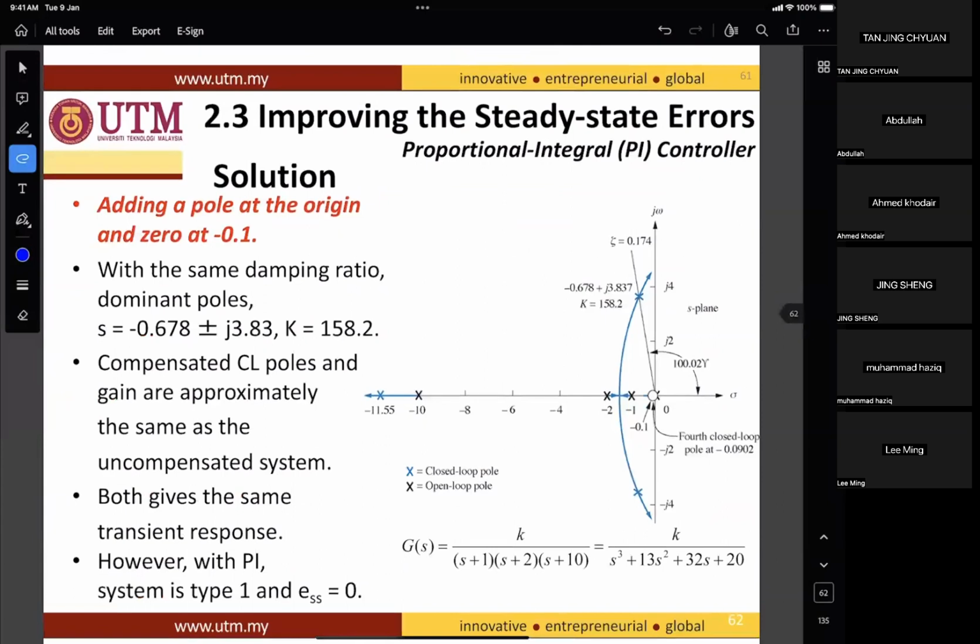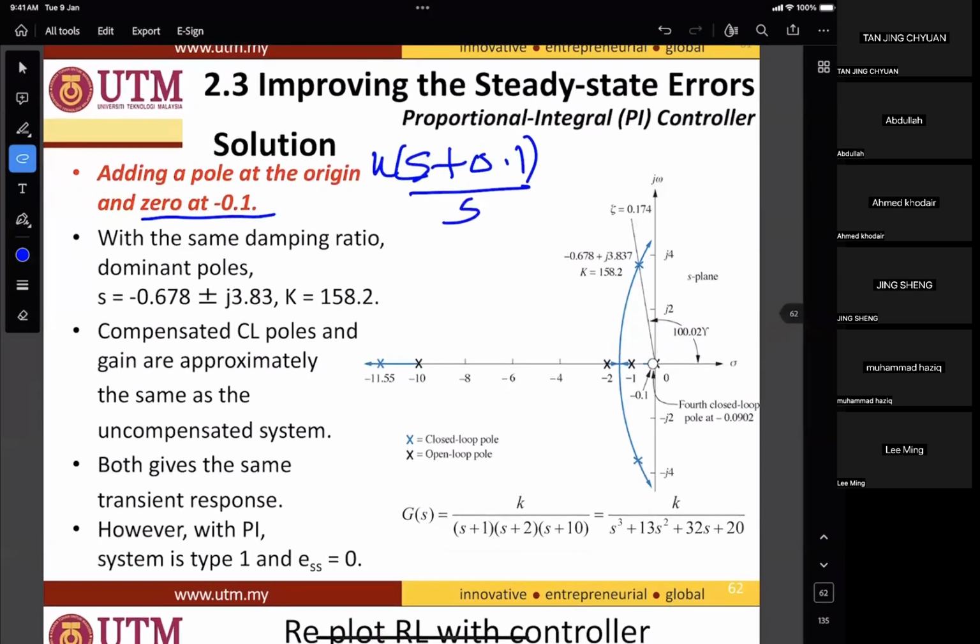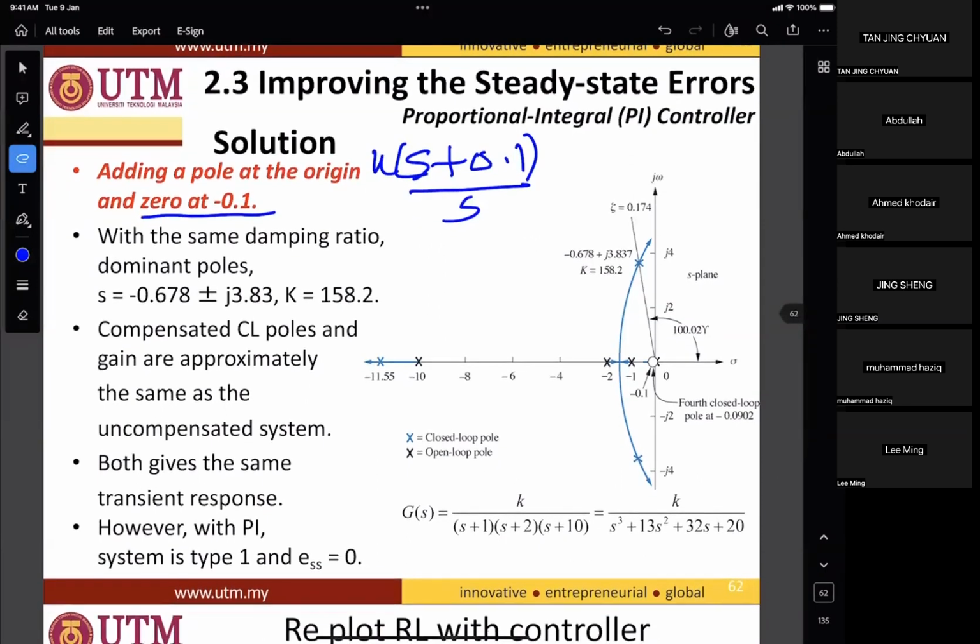When we add the zero at -0.1, we design the PI controller as (s plus 0.1) divided by s, with gain K cascaded to the plant. What it will do is that the root locus paths do not change much in terms of dominant pole and gain.